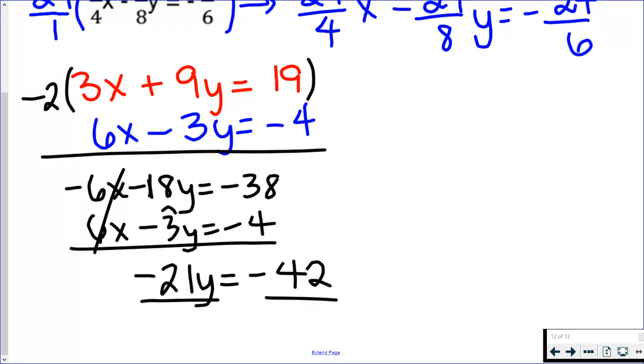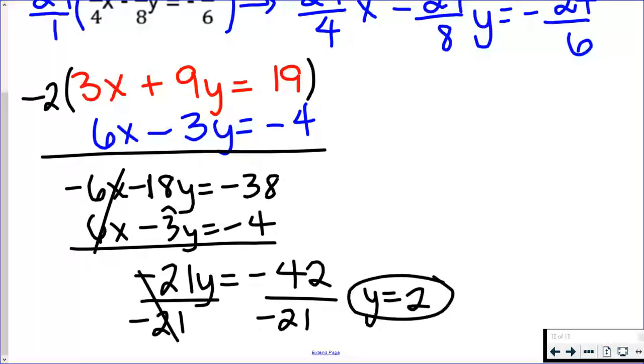Now I can divide by negative 21 and I'll have my y value. So we end up with y equals 2.